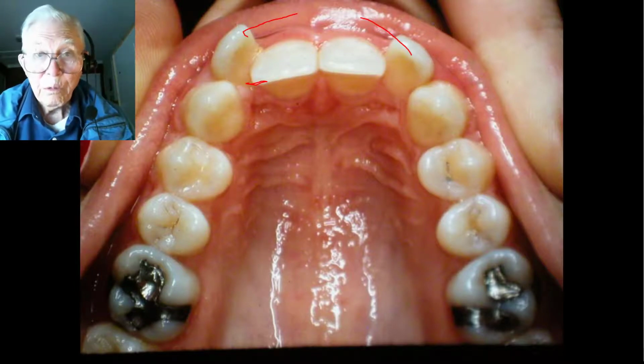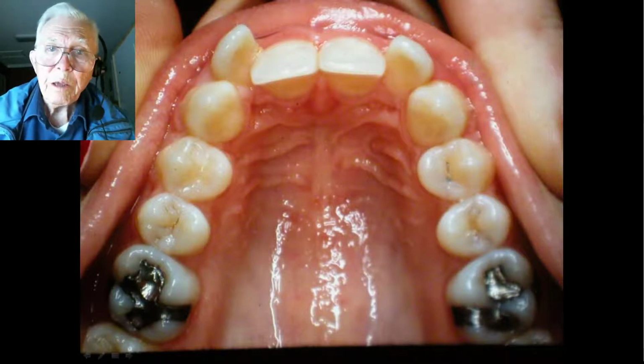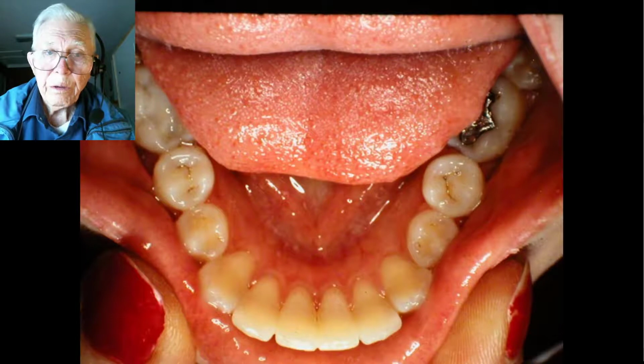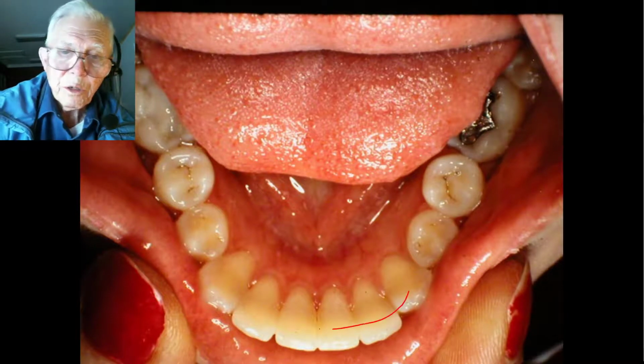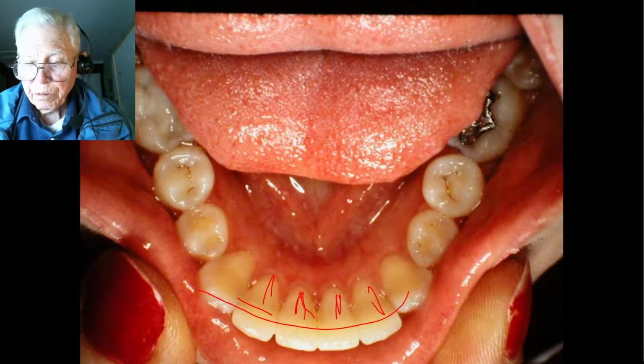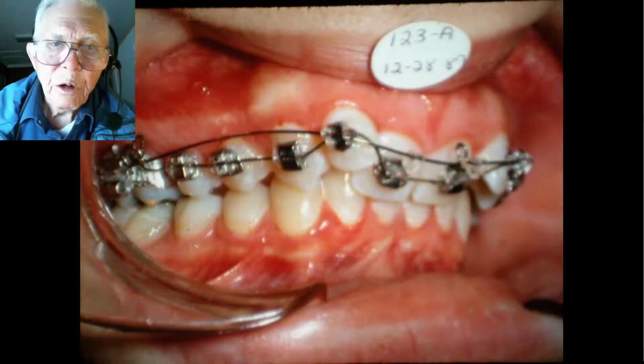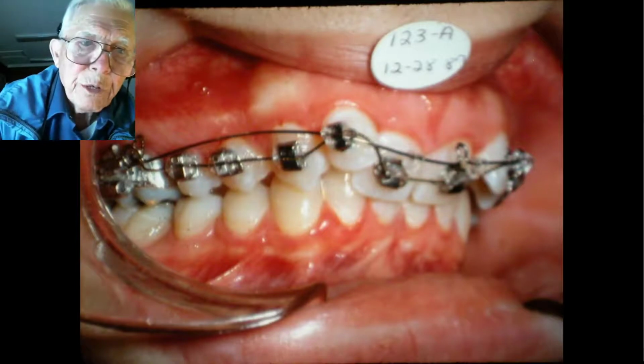And when we did, practically all the pain went away. Okay, here's the lower jaw. These teeth are going to have to be intruded some down here, but that's no problem for us at all.